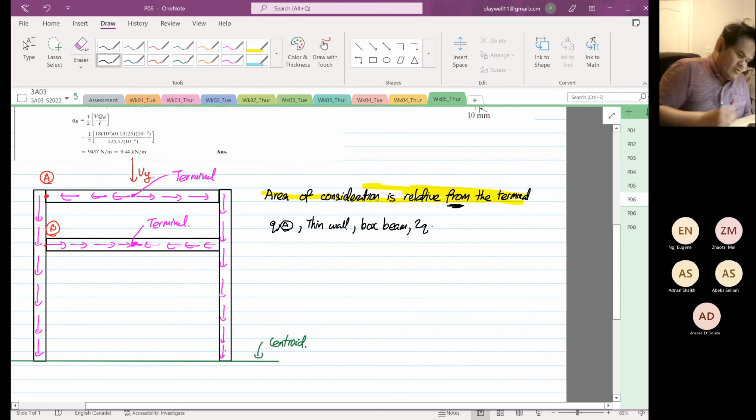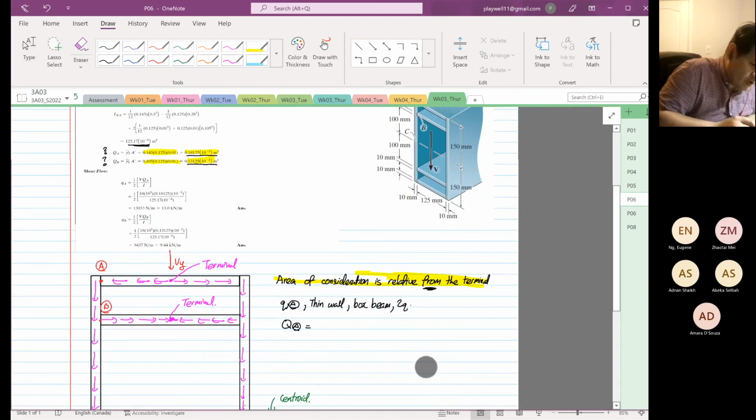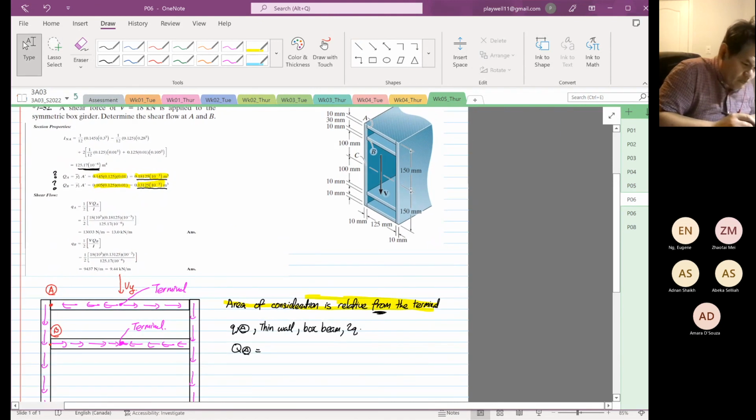So from here, we know that the Q at point A is equal to... So the width is what? We look at over here. The width is 125. The depth is 10. The Y bar is 100.